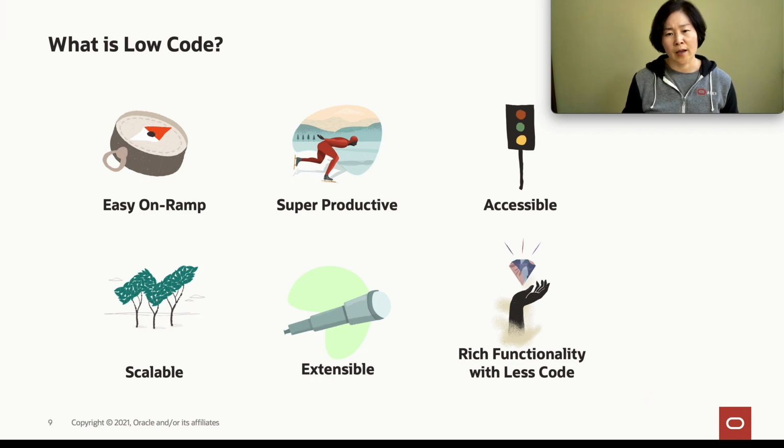Every business has custom requirements, custom rules, and custom business flows. Functionality that is not provided out of the box can be included and extended in the form of integrations, plugins, or widgets. And finally, it is all about delivering feature-rich functionality with minimal code and minimal effort.